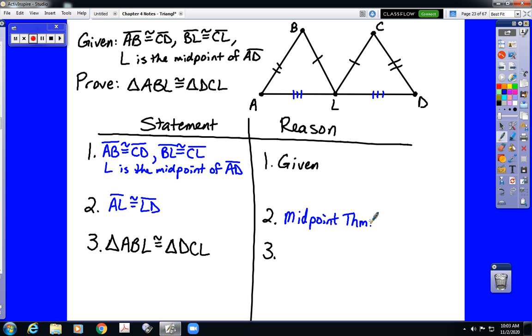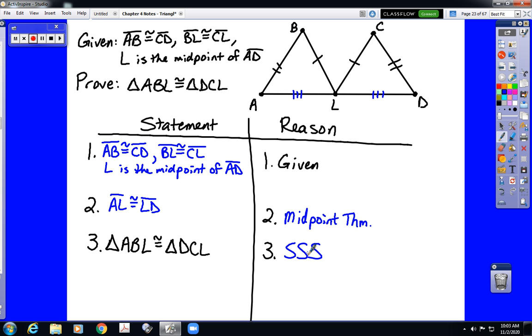You could also say definition of midpoint, and that would be fine with most teachers, including myself. Now, once we've got that, you'll see that in the picture we now have all 3 sets of sides in these 2 triangles marked as being congruent. That finishes this proof. It makes the triangles congruent using the side, side, side congruence postulate.